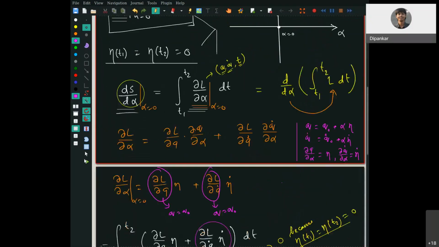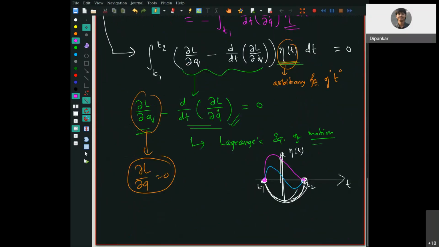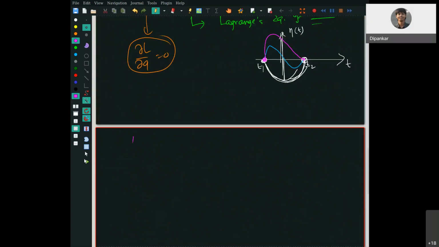So you just take two possible examples. You choose something for L that is a function of q dot. Let me take the simplest example. Suppose L is just q dot square. Now, of course, S is the integration of L dt.